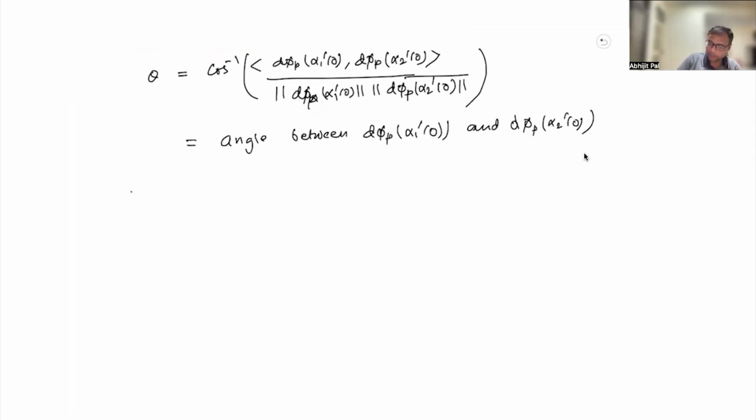This shows that d phi p preserves angles. So conformal maps preserve angles.